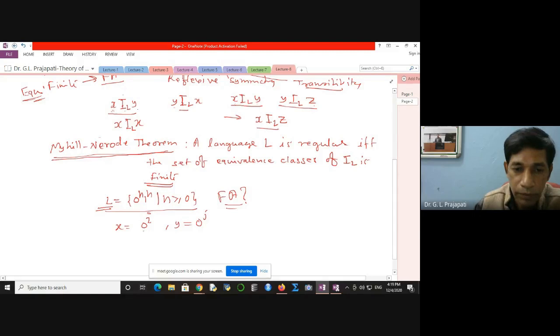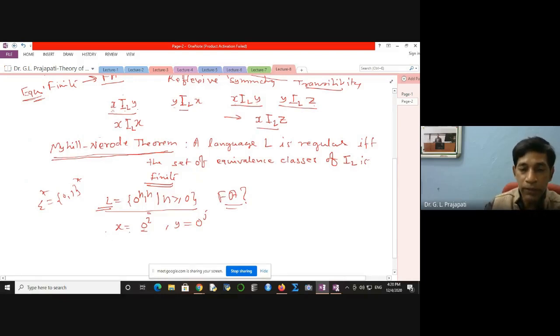Now X is from sigma star, and Y is also from sigma star, because here the alphabet contains 0 and 1, so sigma star contains all possible strings. And i and j are different; you can have anything.